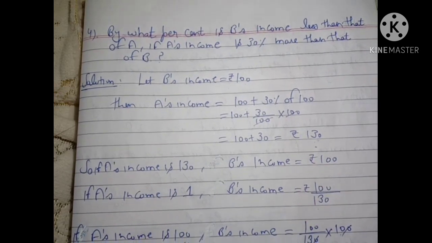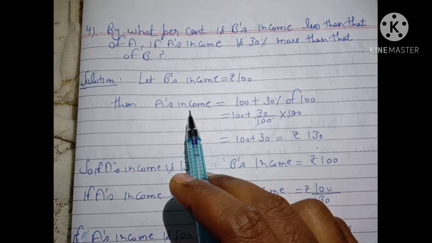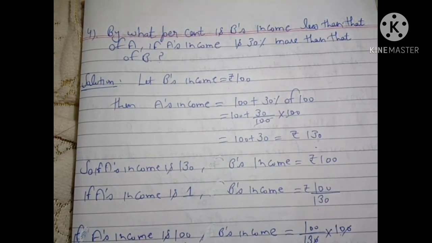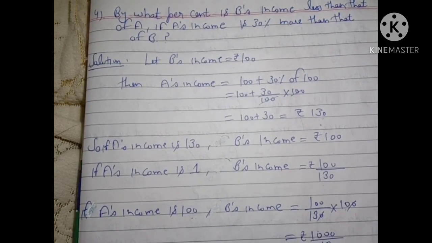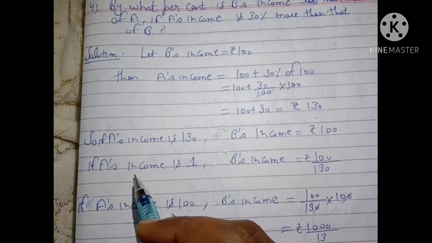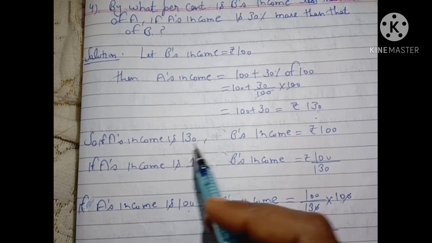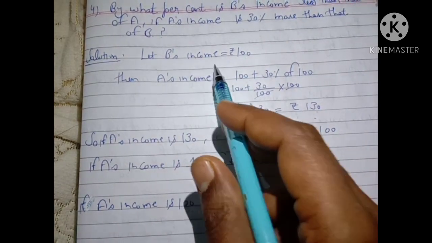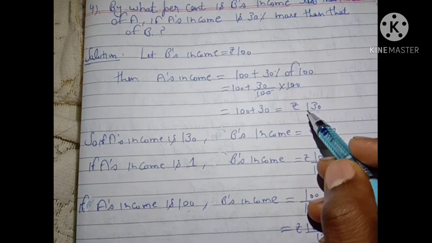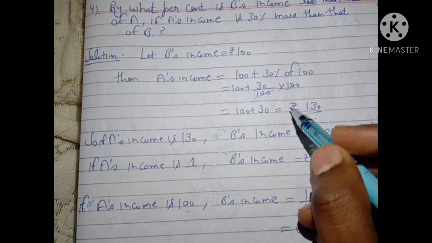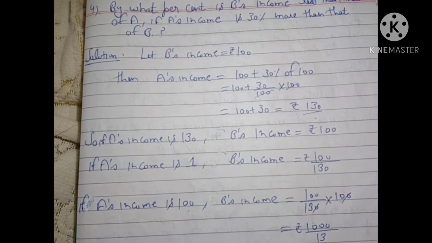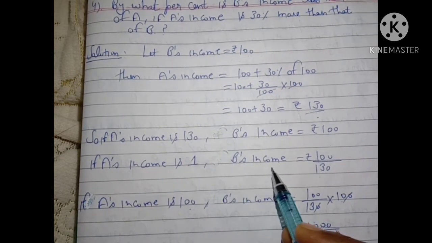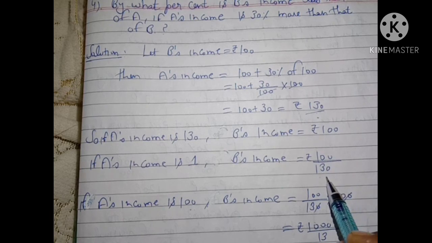And now again for making the comparison of A and B's income, we have to convert A's income into 100 rupees. How can we convert? You can see by following these steps. If A's income is 130 rupees, then B's income is rupees 100. And now if A's income is rupees 1, then B's income will be equal to 100 over 130.